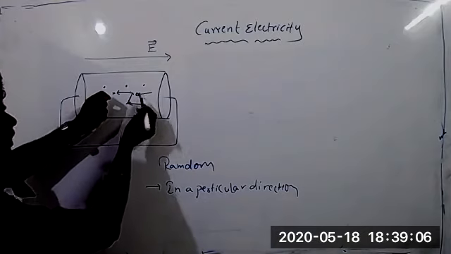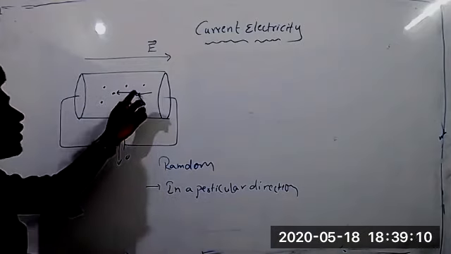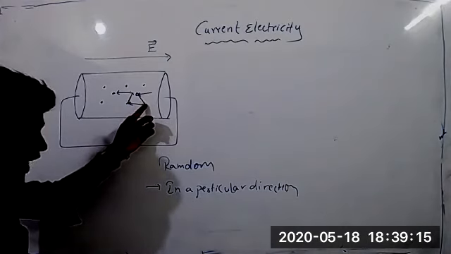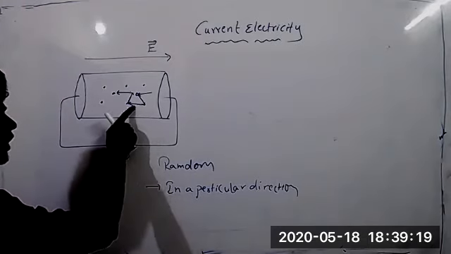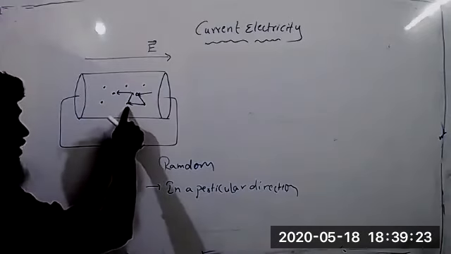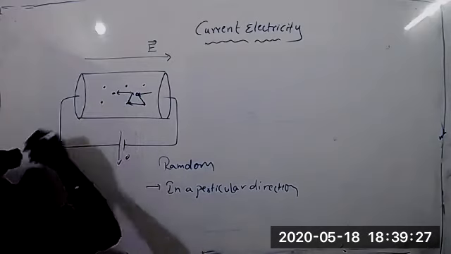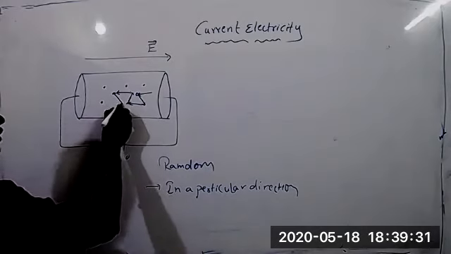Once it collides, whatever velocity it had, it loses some amount of energy. Again, it will gain some energy due to the potential difference and move in the direction opposite to the electric field. Again, if it collides with some other particle, it loses some energy and comes back.